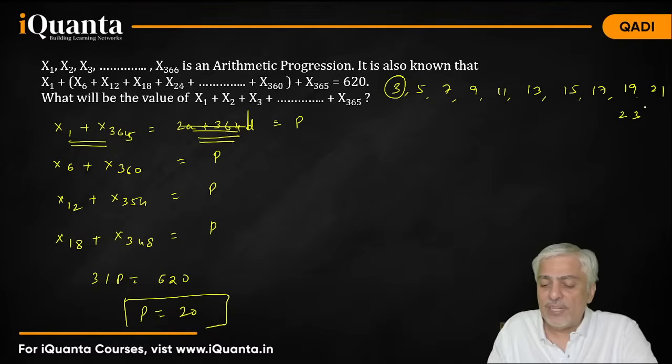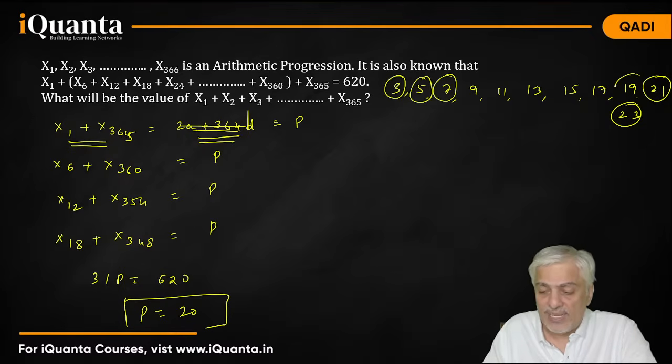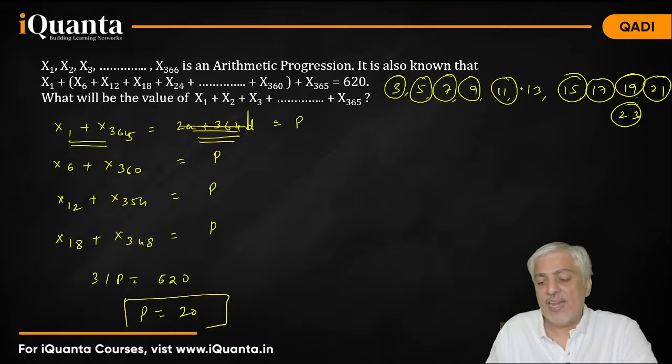What is 3 plus 23? 26. 5 plus 21 is also 26. 7 plus 19 is also 26. 9 plus 17 is also 26. 11 plus 15 is also 26. And 13 doesn't have a partner, so 13 plus 13 is also 26. Now did you understand, Vishal?